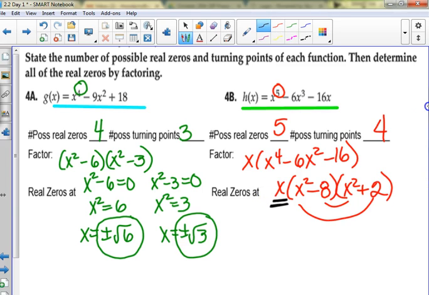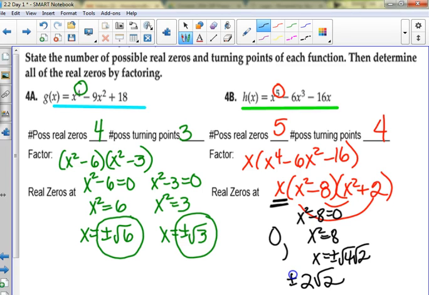It wasn't really there. So we get a 0 at 0. If I set this one, what do I get? Yeah, x squared equals 8. X equals plus or minus the square root of 8, which is 4 times 2, which is 2 square roots of 2. Okay, made me want to cry a little bit.